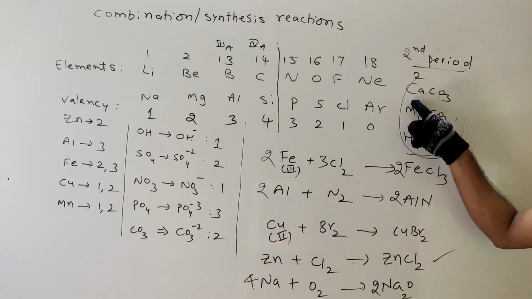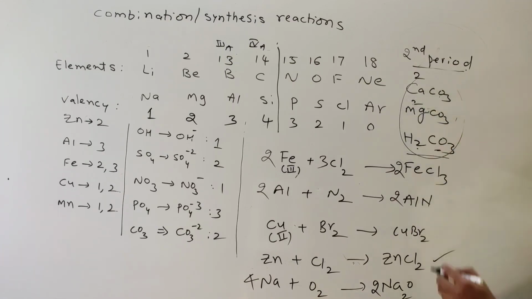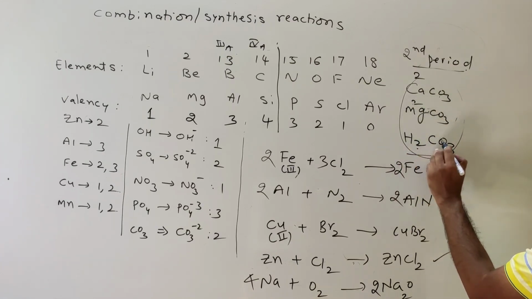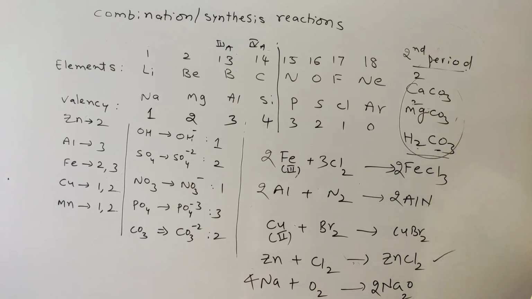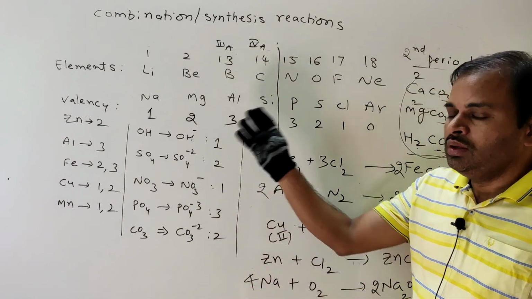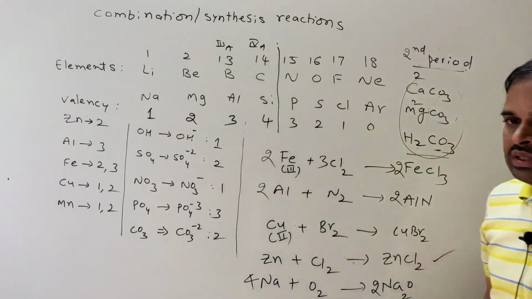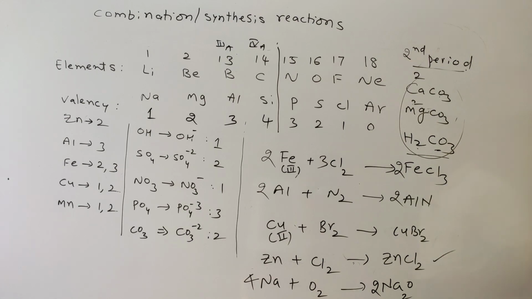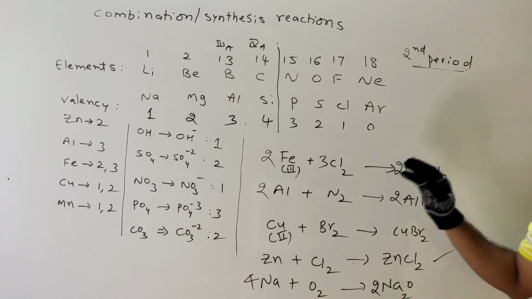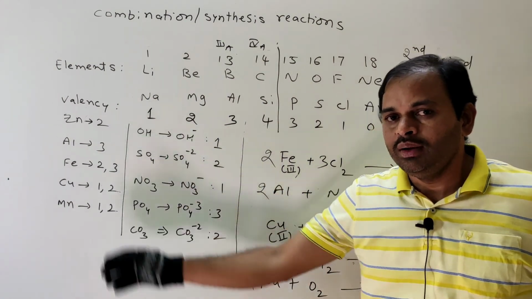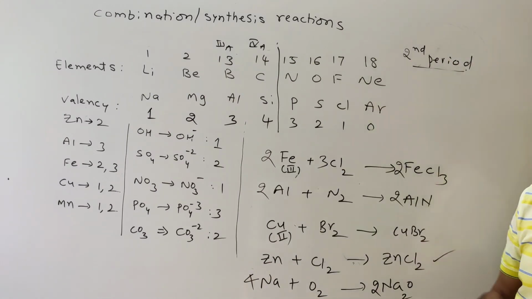So here magnesium 2 valency, that's why CO3 2. So here with CO3, 2 hydrogens are there. In the crisscross manner, what will you get? So 2 as valency of CO3. So in this way, you can remember all the valency values by recalling familiar compounds with those respective ions or metals or elements. Okay, so these are about combination or synthesis reactions.